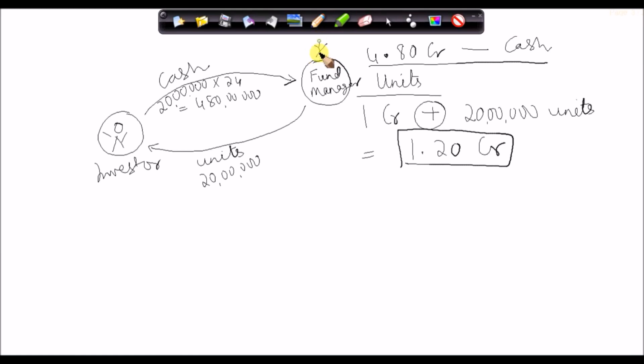Friends, we have to do the sum from the point of view of the fund manager, not from the point of view of the investor. So the fund manager has 4.80 crore rupees of cash in the fund, and initially the units were 1 crore. Now 20 lakh more units are there because the fund manager has an additional investor of 20 lakh units. So the fund now has 1.20 crore units.